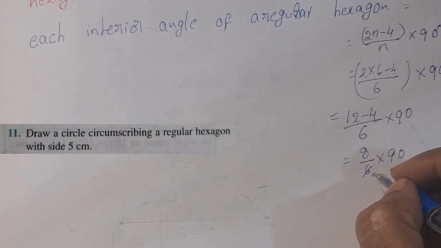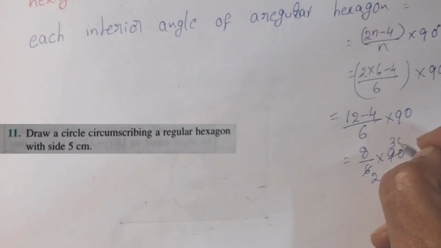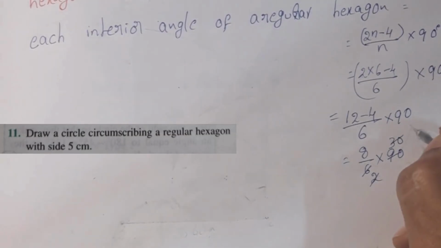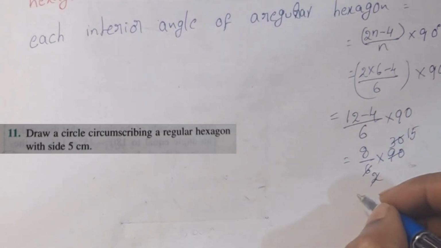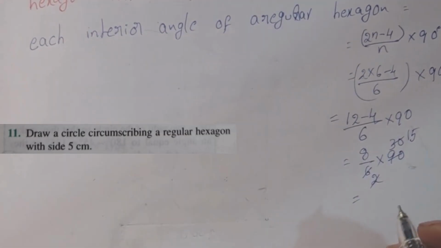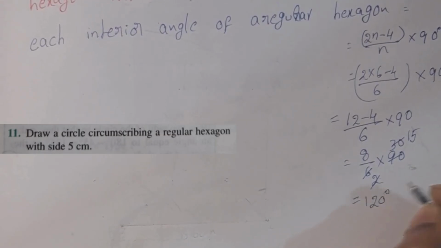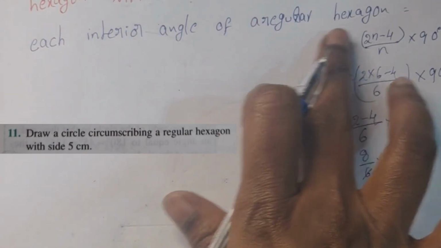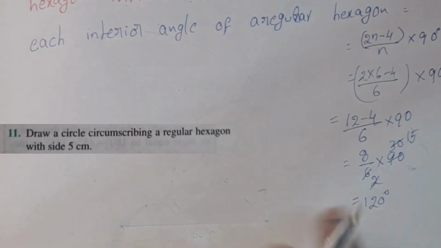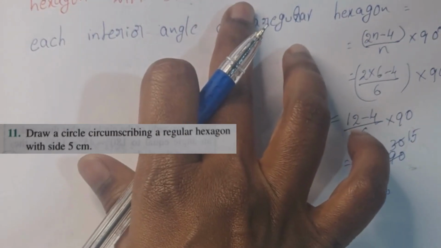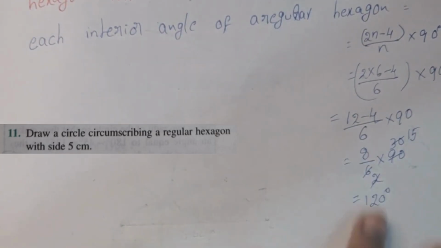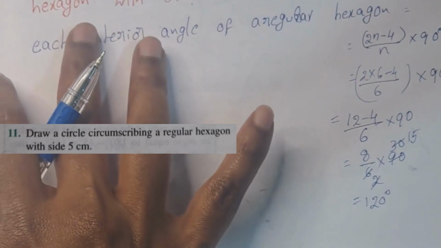Simplifying, we get 120 degrees. So each interior angle of a regular hexagon is 120 degrees. Each side 5 centimeters. We have to draw the circumscribing circle of the regular hexagon.